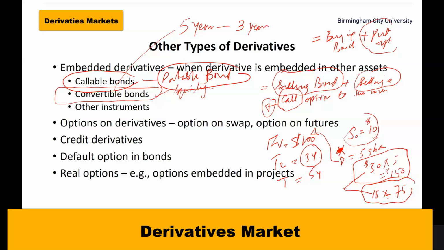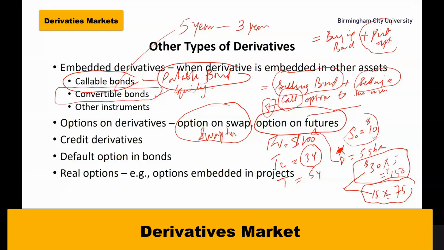Okay. Next, we have options on derivatives. So we have options on swaps, which we call swaptions. Okay. And then we have options on futures, which we normally know as commodity futures. We will be talking about them later when we take on each specific topic in respective weeks.